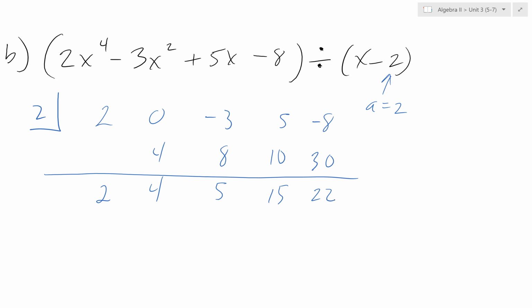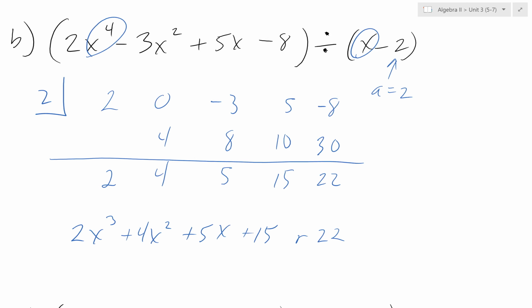And so, what is our first term going to be? We have an x to the 4th divided by an x, so it's going to start with an x cubed. So that's going to be 2x cubed, and then it's going to count down from there: 4x squared, 5x, 15, and the remainder is 22.